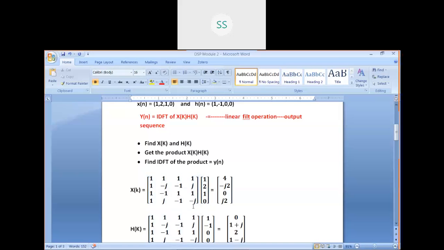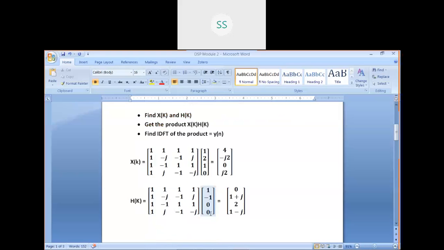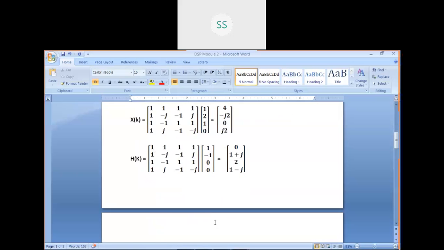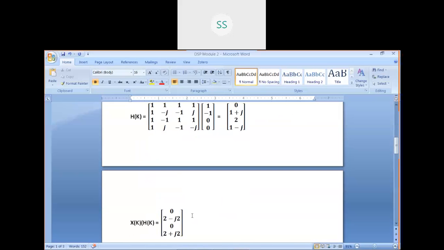Otherwise we go for the equation method, where you write that many equations and solve to get the DFT samples. After getting x of k and h of k, you multiply, and again while doing the IDFT you will have to write either equations or the big IDFT matrix to get back y of n.